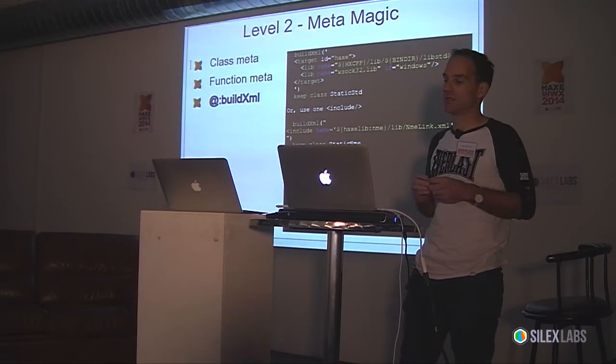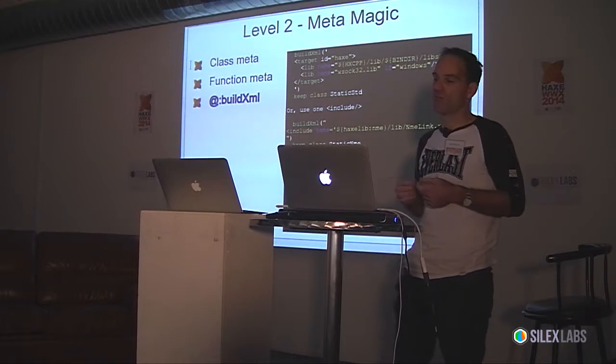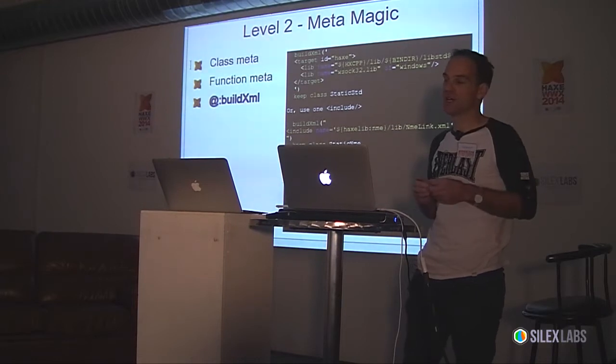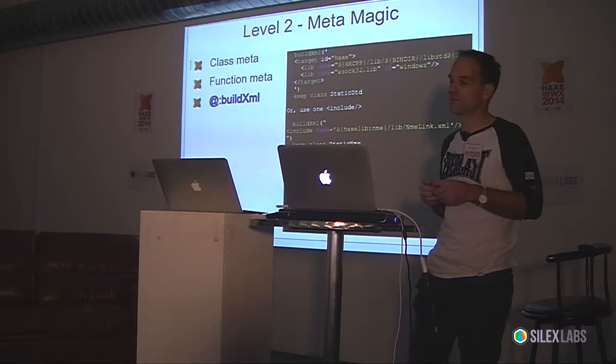You can just import this class and it will do a static link against the std static. You also know I've got the keep metadata on this class. You probably need that too because there were actually no real functions in this class, and the dead code eliminator may eliminate your class otherwise.